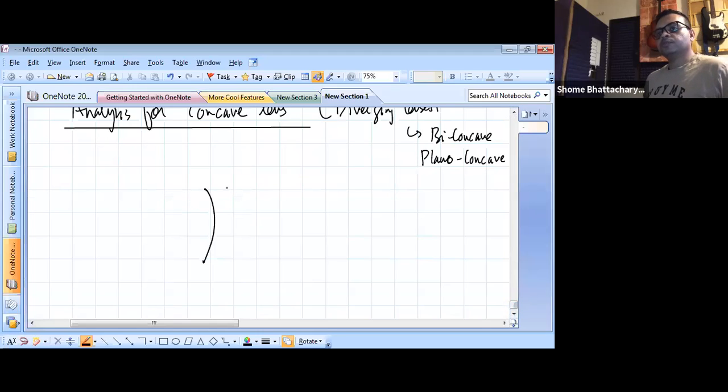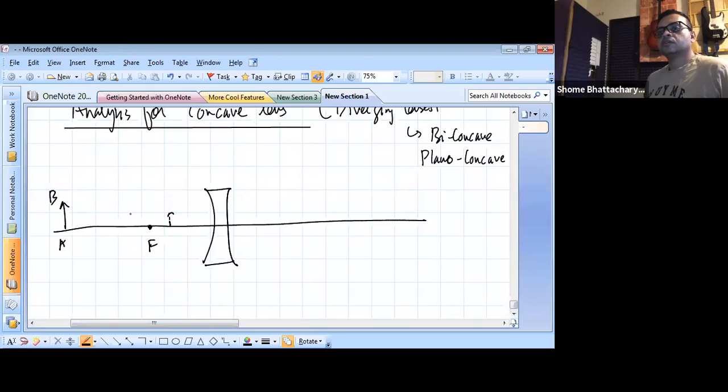So here what we have previously seen is that any real object will always give you what kind of an image? It will give you a virtual image. Whether the object is here, this is the virtual focal point, it might form an image somewhere here, P prime Q prime.